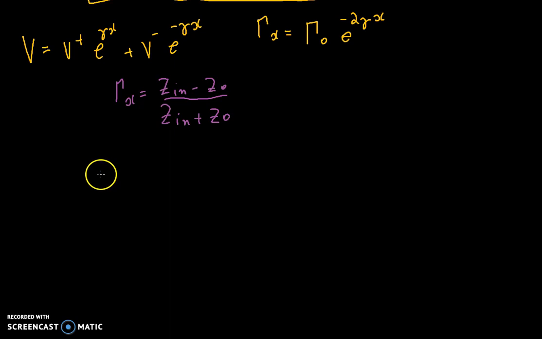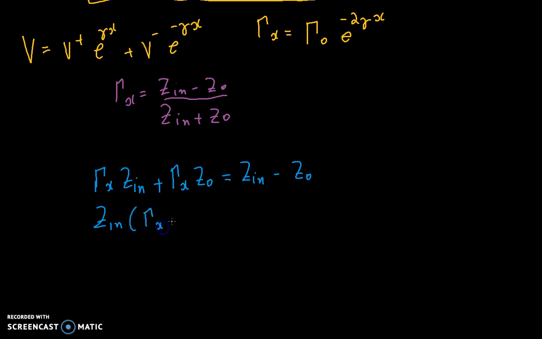So let's solve this equation. We multiply both sides by the denominator. We get gamma x times Zin plus gamma x times Z naught is equal to Zin minus Z naught. So now Zin times gamma x minus 1 is equal to minus Z naught minus gamma x times Z naught, which is equal to Z naught times minus 1 minus gamma x.